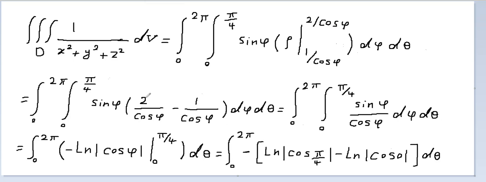So we have 2 over cosine minus 1 over cosine, d phi d theta. So this equals the integral, look here, 2 over cosine minus 1 over cosine leaves 1 over cosine times sine. So we have sine phi over cosine phi d phi d theta. Now look here, this sine phi over cosine phi is actually tangent phi.